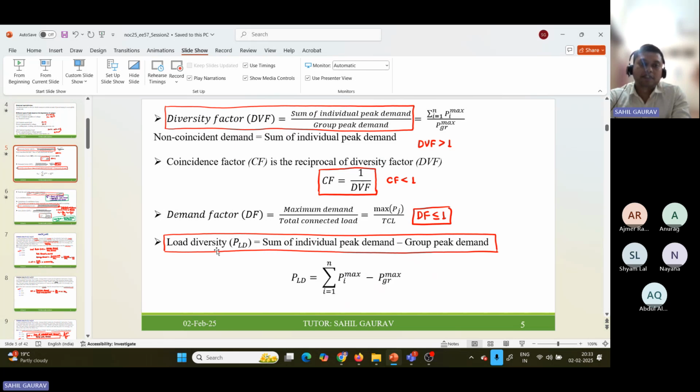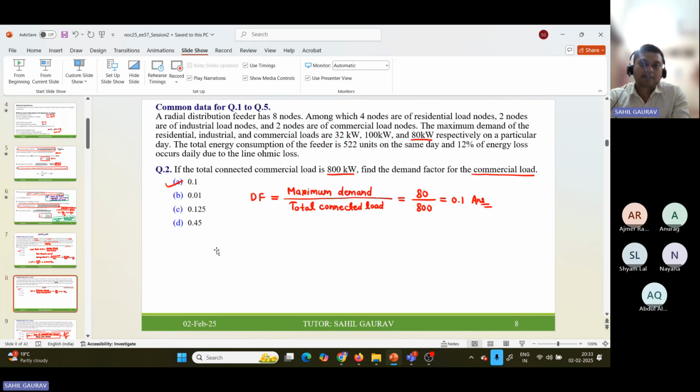For load diversity, no factor term comes, so there is no fraction and you have to do the subtraction: sum of individual peak demand minus group peak demand. That's it.